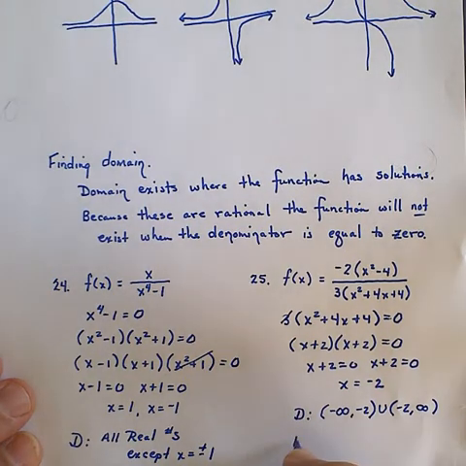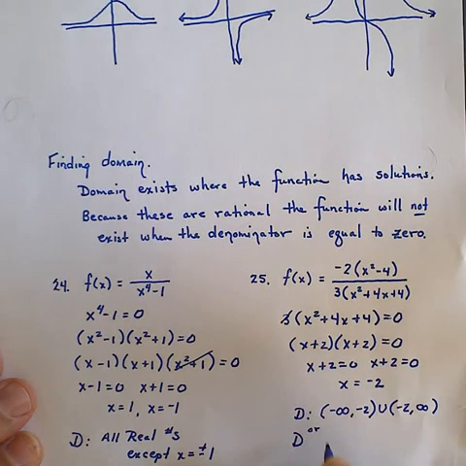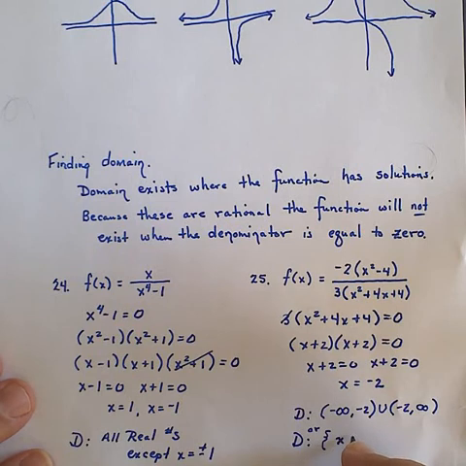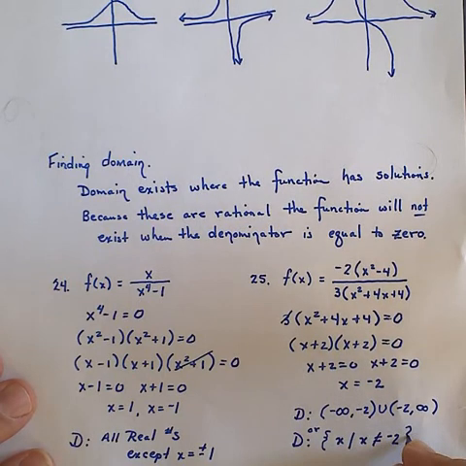Or the domain is the set of all x values such that x does not equal negative 2. Okay? Also says the same thing. All real numbers except negative 2.